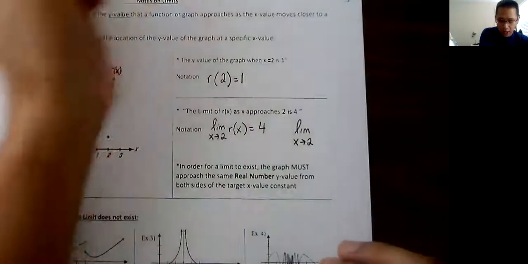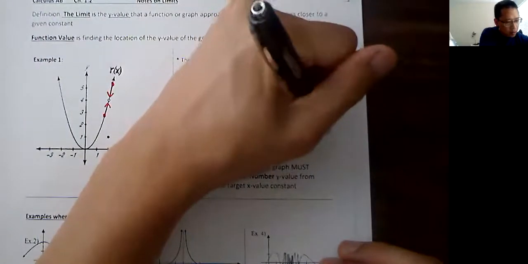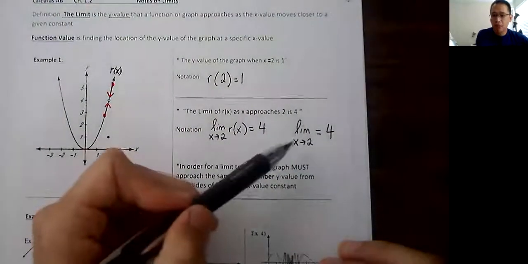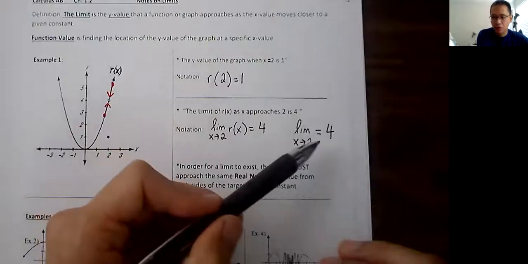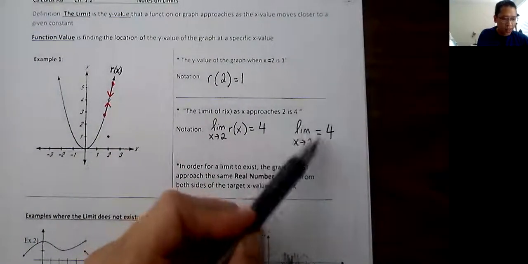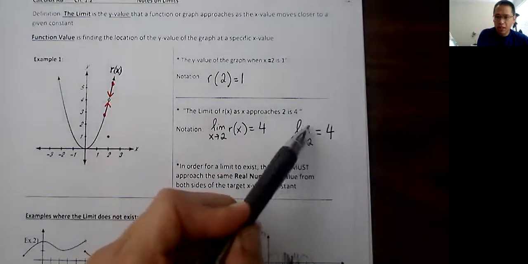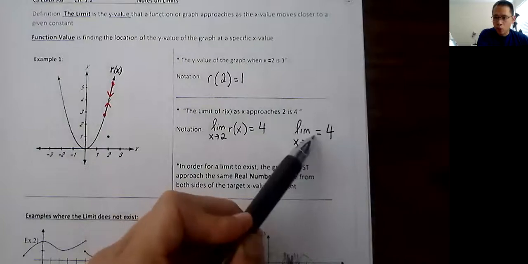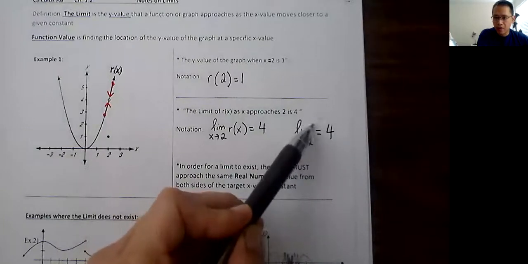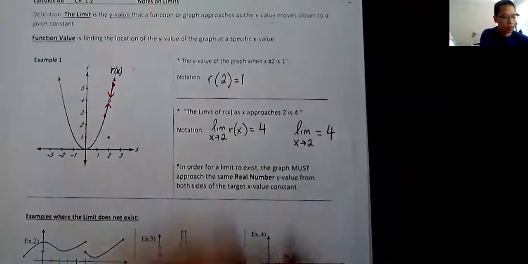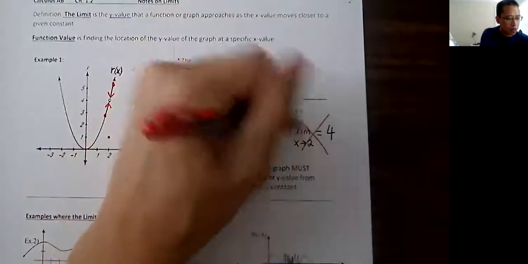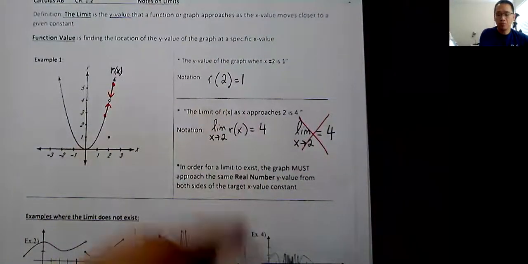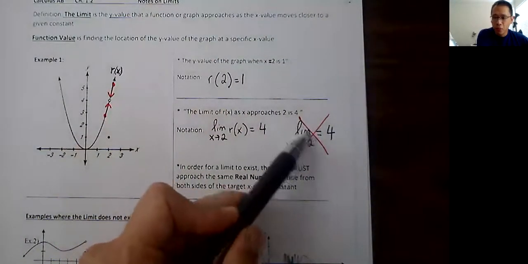So this is how I see a lot of students write limit notation. Even though we often say limit as x approaches 2 is equal to 4, we're missing that function. We have to either represent an expression here, or we label a function name like how we did here. So make sure that we don't write it without that function indicated in some form or another.